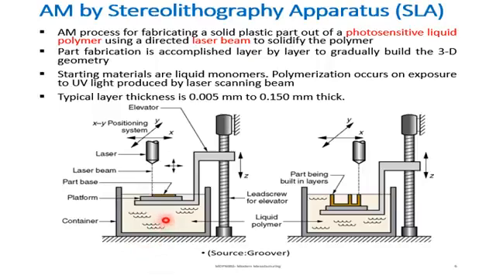The part that is going to be built layer by layer is built on a platform here, and the platform can move in the Z direction, up and down, by this simple mechanism here.